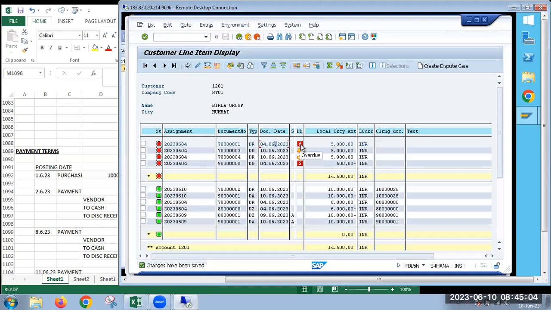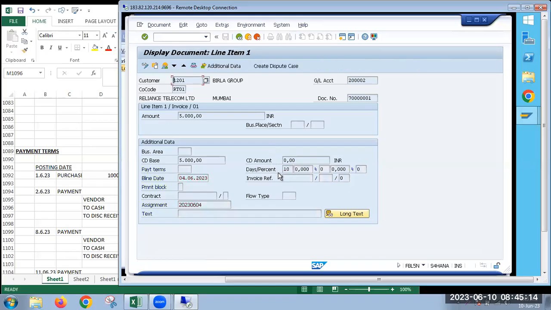Will this icon be due, overdue, or not due? We manually specified 10 days due for this transaction, starting from the 4th. So the system will count 10 days from the 4th.